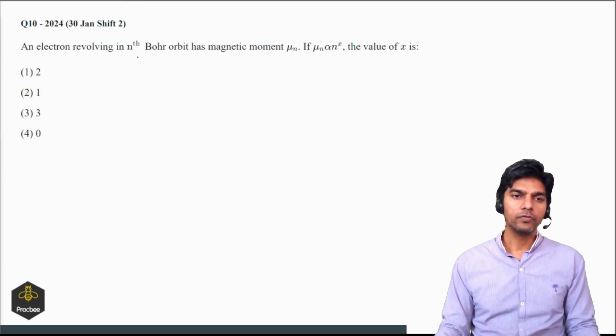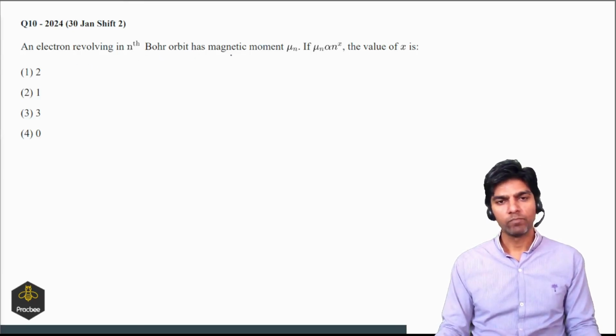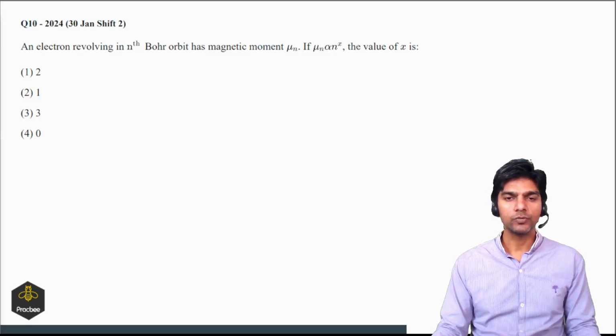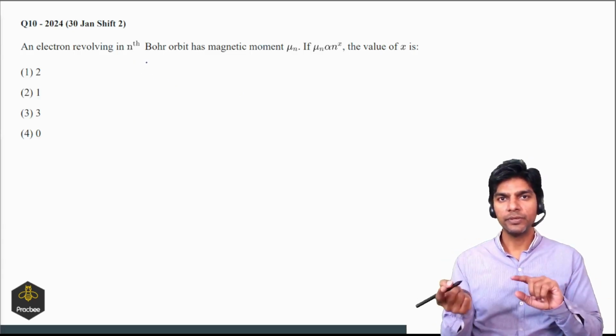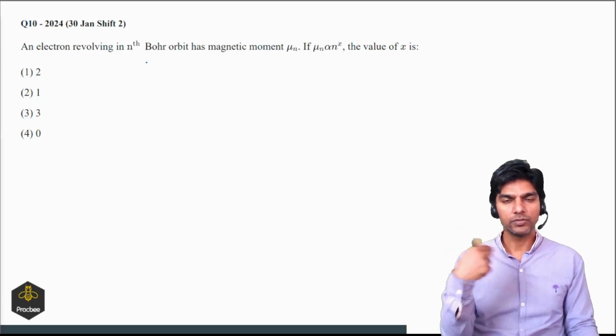An electron revolving in nth Bohr's orbit has magnetic moment mu n. If mu n is proportional to n raised to power x, the value of x is? So what is the relation between magnetic moment and the angular momentum for a charged particle which is revolving?